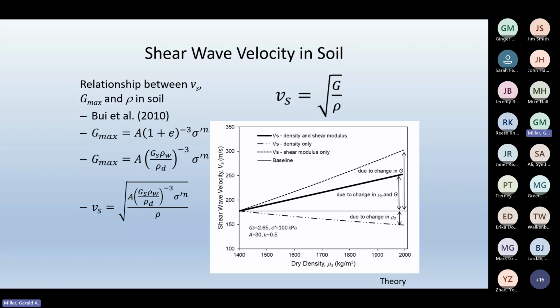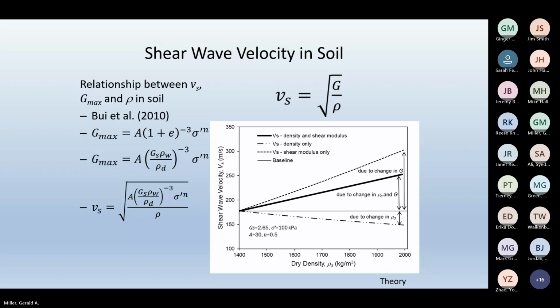So I just substituted in the density. These are equivalent; I just wanted to look at it in terms of density. And then I stuck it into our VS equation. Using this, I could see how variations in density affect shear modulus and affect VS. And that's what this plot shows.